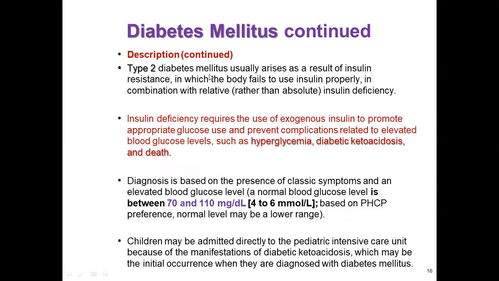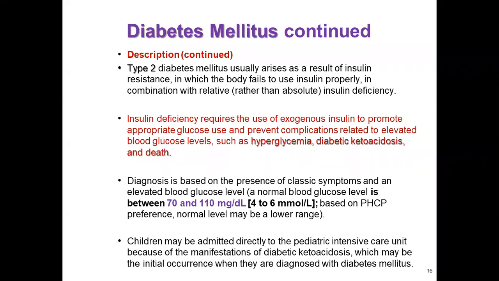Type 2 diabetes mellitus usually arises as a result of insulin resistance, in which the body fails to use insulin properly, or in combination with relative insulin deficiency.